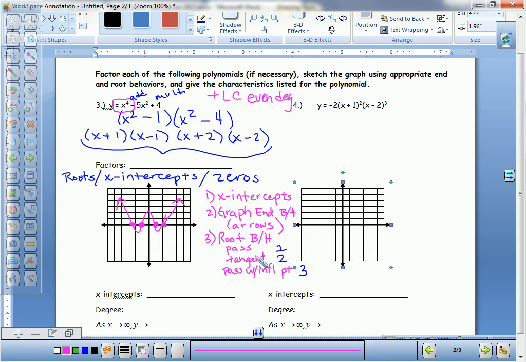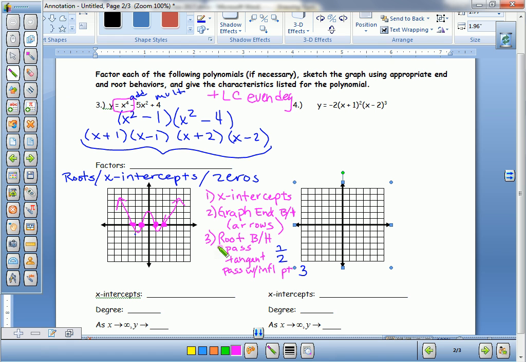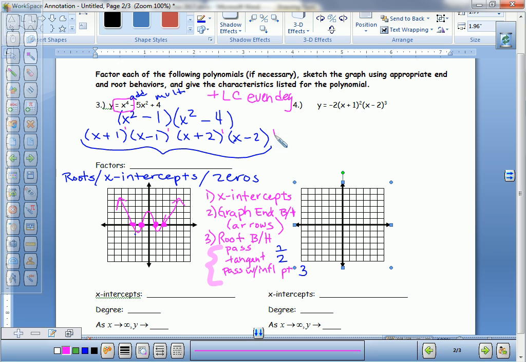How do you determine the root behavior, the pass and the tangent? We look at our factors. Every single one of these factors was to an understood first power. When they're to the first power, it just passes straight through. But this one has a 2 and a 3. So let's do that one and we'll talk about what happens when it's a 2 or a 3.